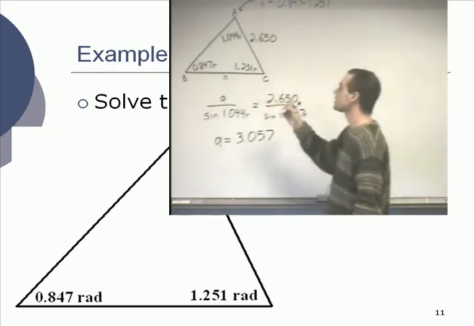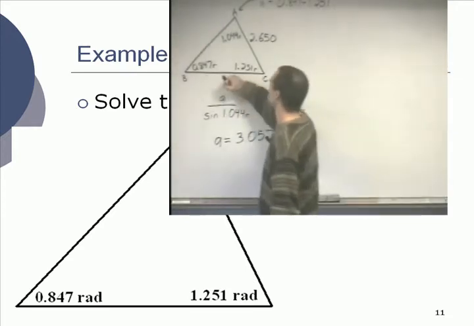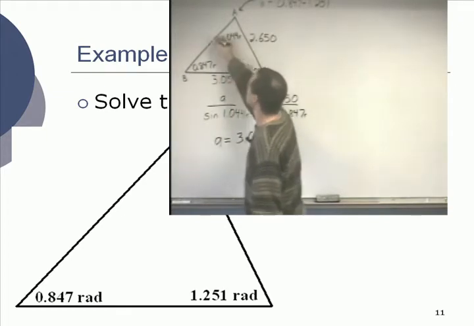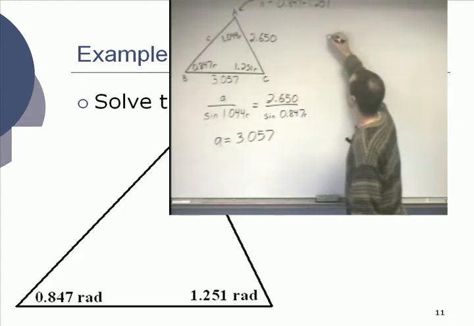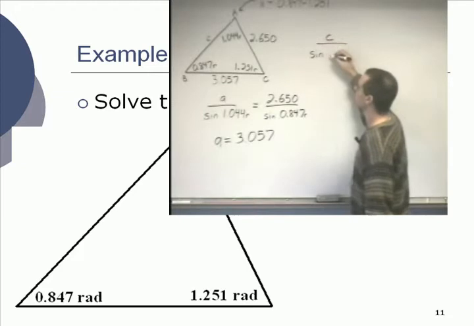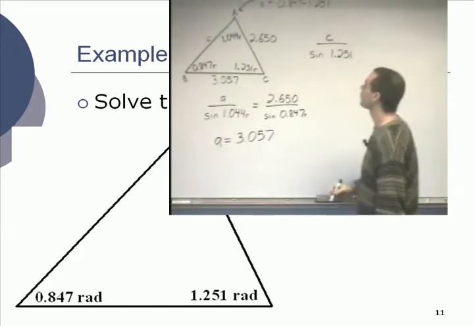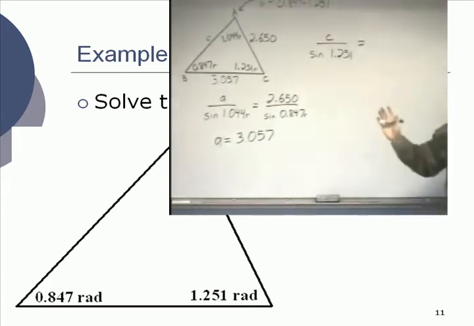Now we know two sides. We already worked out the third angle. There's only one more thing to go here, and that is side C. So we know that C over sine of 1.251 radians. Remember, if you're in radians, you technically don't need any units on there.